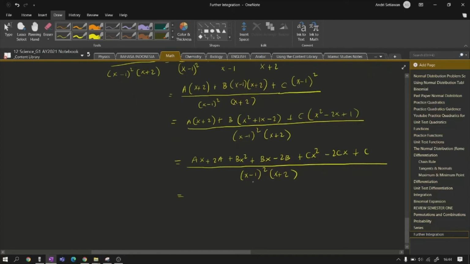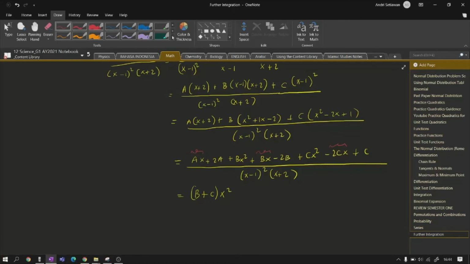So as you can see, we find x². There are bx² and cx², so we can combine it to be (b + c)x². Let's find the terms with variable x.